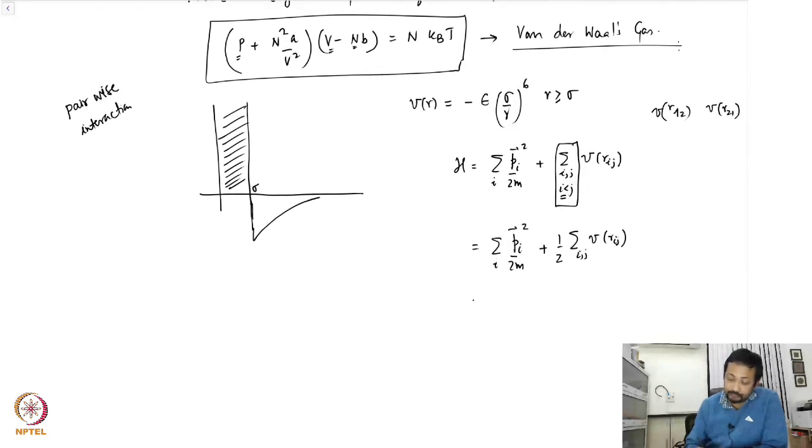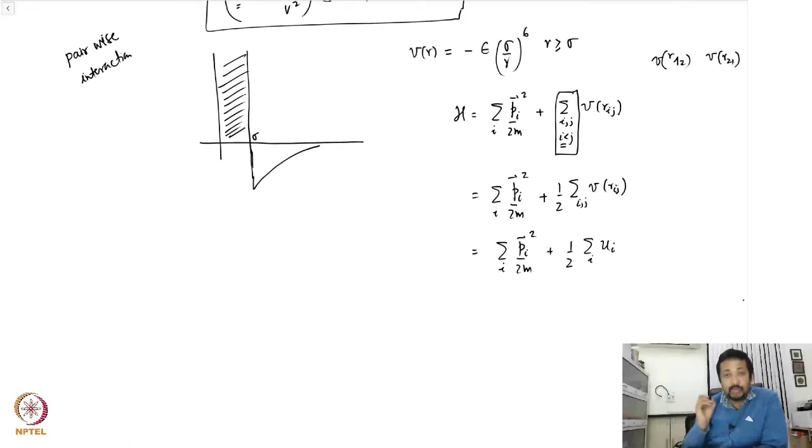Essentially this becomes the sum of p_i² over 2m plus half the sum over i of u_i, where small u_i is the interaction energy of the ith particle. The sum of half u_i is the total internal energy of the system. The first term is the total kinetic energy of the system.